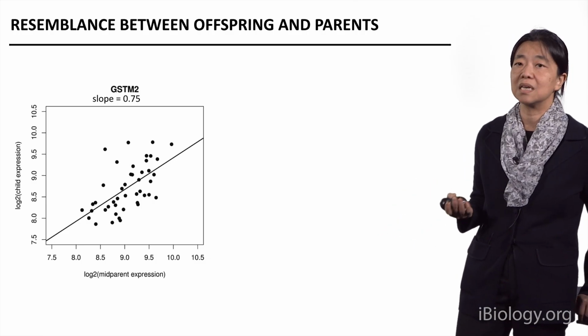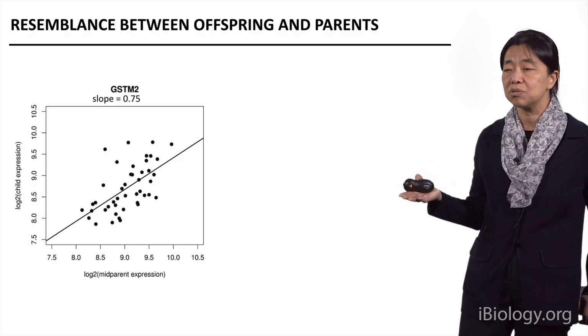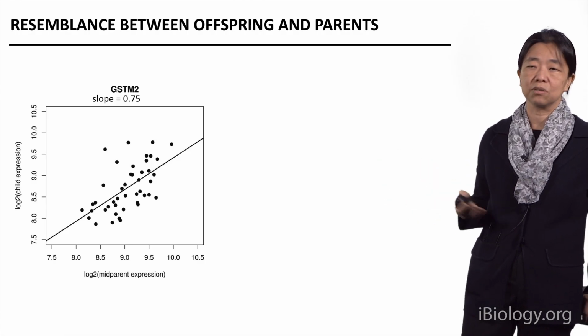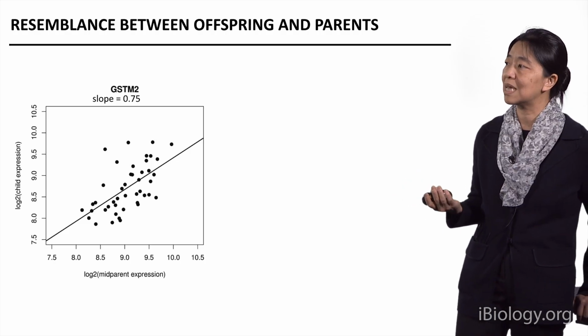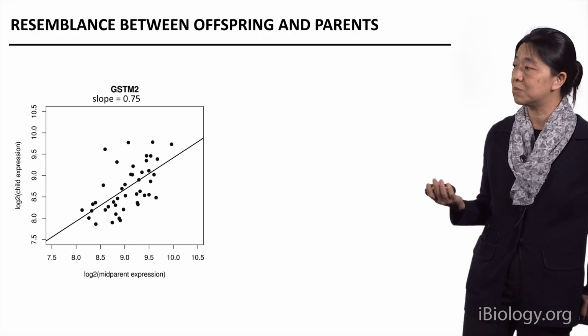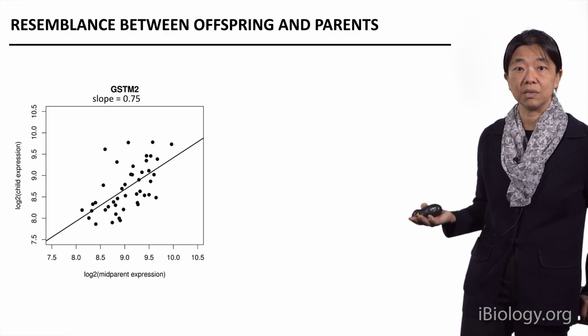So here we're asking if expression level is the same, that is, whether the children are more like their parents in terms of gene expression level. To give you an example here for GSTM2, on the y-axis are the expression levels of individuals.